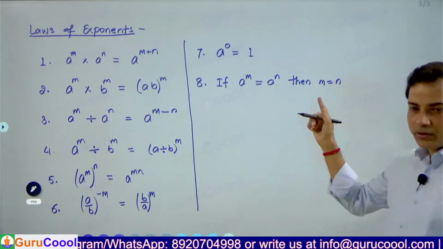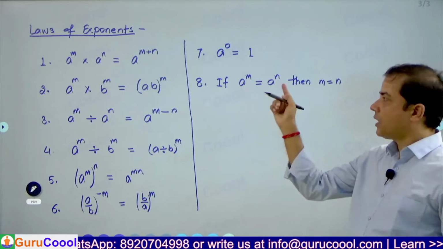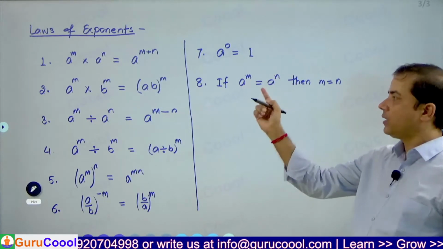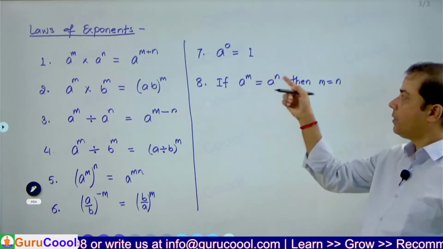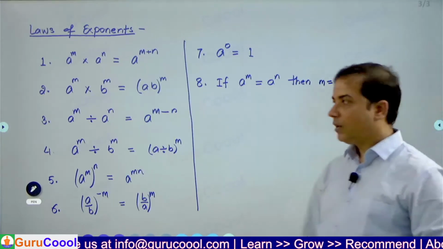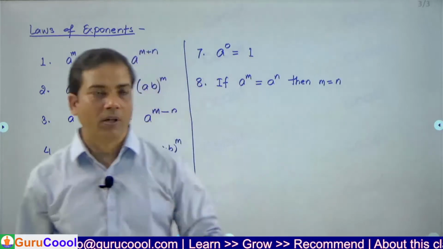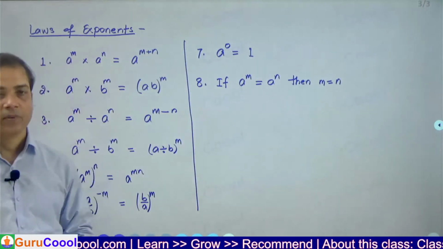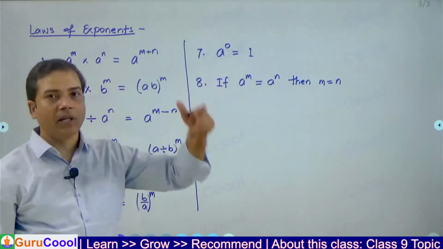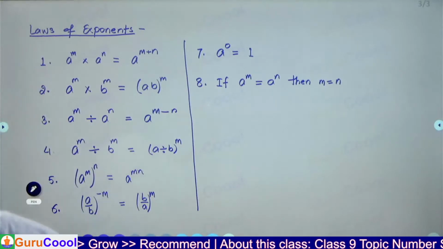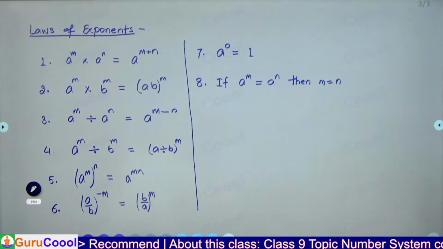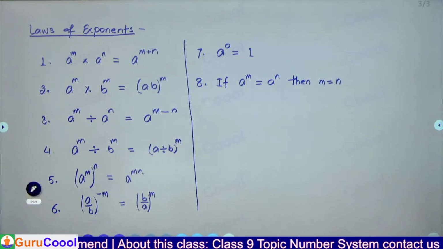That's the conclusion. If the bases are same, powers are different and there is still an equal sign, that means powers must be equal. Without powers being equal, they can't be equal. It's a rule. Bases are equal, then powers must be equal.